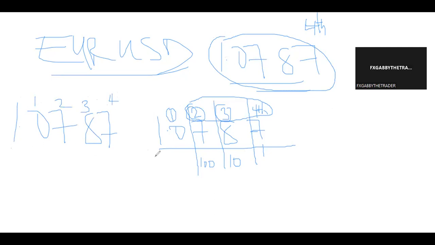So where we have number 4, we will always count it as number 1. That will be our unit. So after the 4 and the number before the 7, this will be our tens. The number before the 8, which is 7, and at position 2, this will be our 100. So follow me gradually.